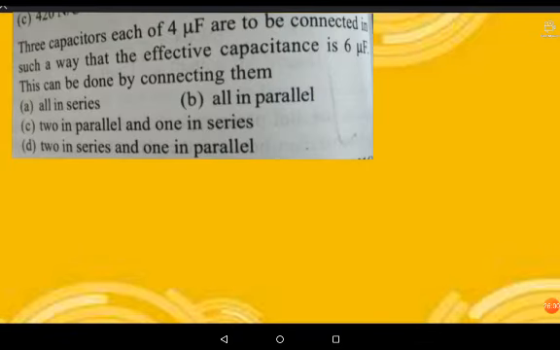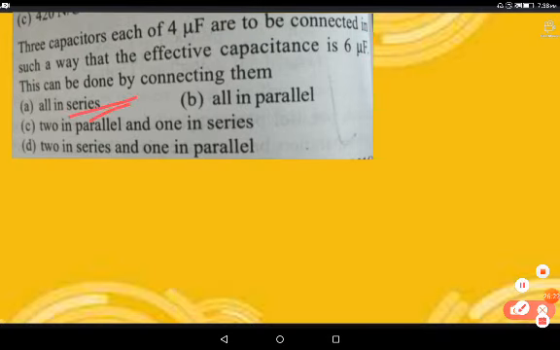Now this is an interesting question about capacitors. So there are 3 capacitors, each of 4 microfarad. So the effective capacitance should be 6 microfarad. So how can we connect them? Let's check the options one by one.